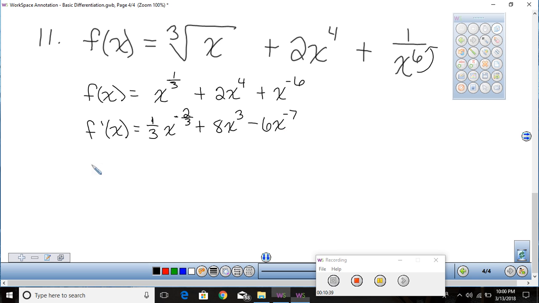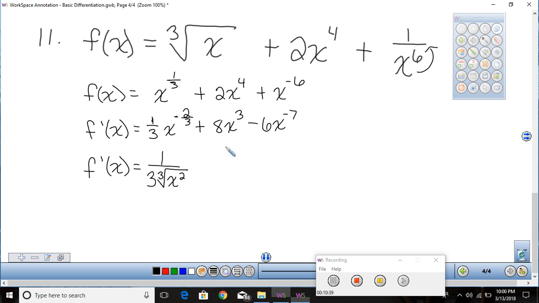Now I just got to take care of all the fraction exponents and the negative exponents. So this will move to the bottom with the 3. So I have 3, and then the cube root, because the 3 is on the bottom here, of x to the 2nd. Then you've got 8 times 3.